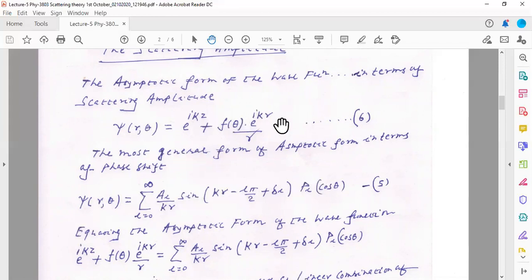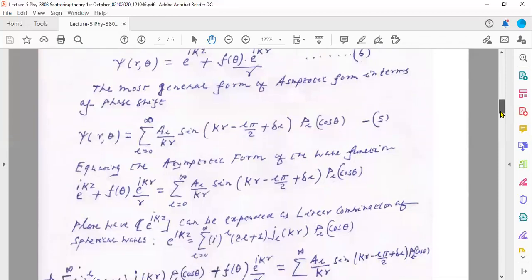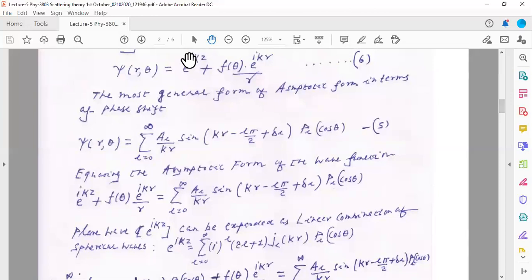This is the asymptotic form, and this is also the asymptotic form. So let us compare these two parts. You see the right hand side of equation number 5. Equation number 5 is e to the power of i k z, right?